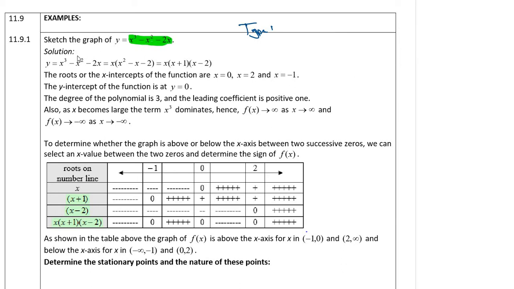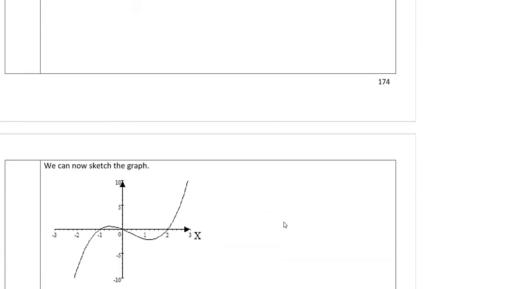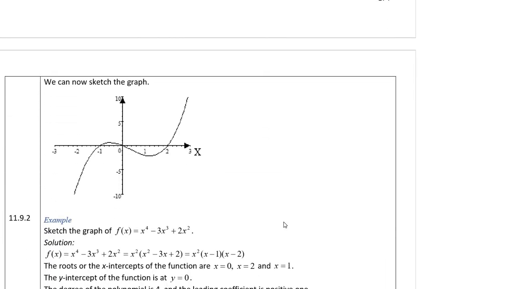When we have that, we take out the common factor first, and then we factorize. Then we find the x-intercepts. The y-intercept will, of course, be 0, but we must still find that. And then we do the end behavior, and then we do the number line as we did last semester. And everything must correspond now. When we draw the graph, it must correspond with that table.